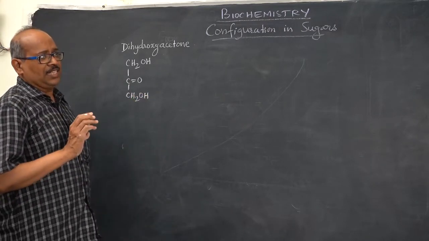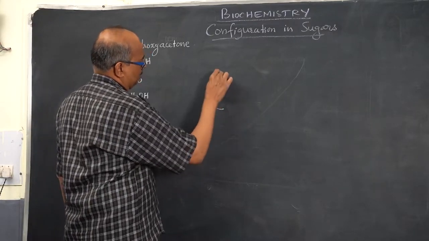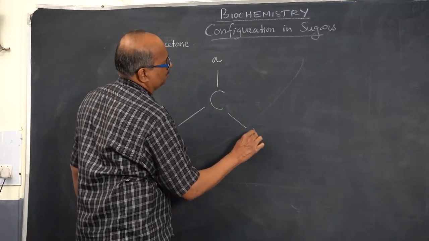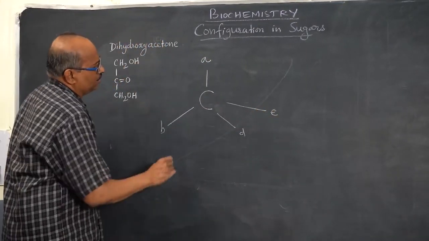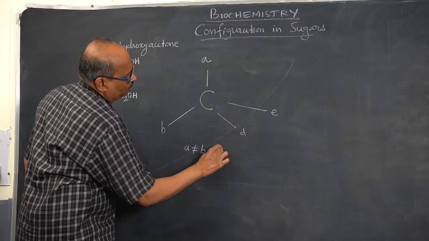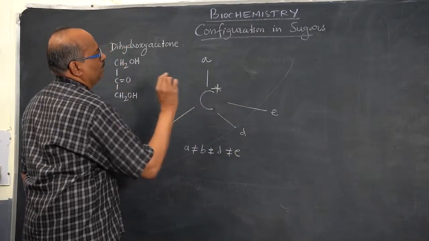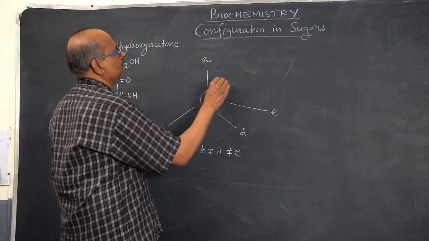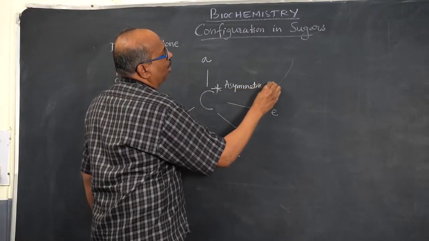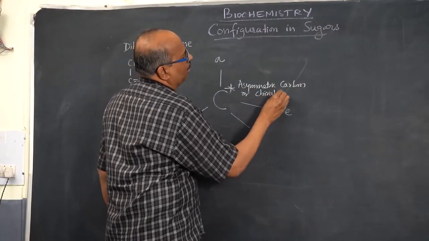So an asymmetric carbon should have 4 groups surrounding the carbon atom. By rule, this should be the case, where A is not equal to B is not equal to D is not equal to E. Then this carbon we say is an asymmetric carbon, or chiral carbon.